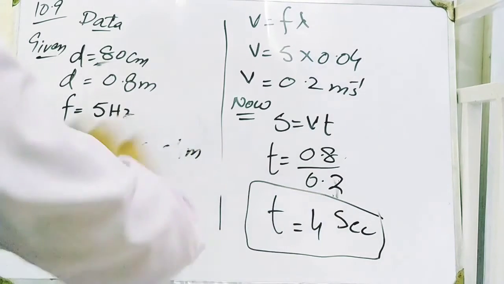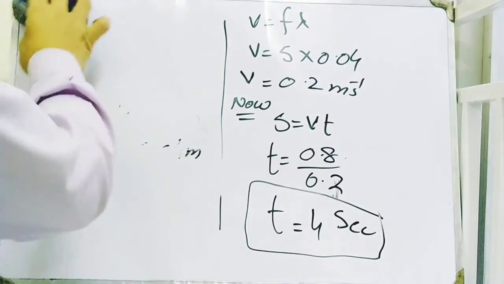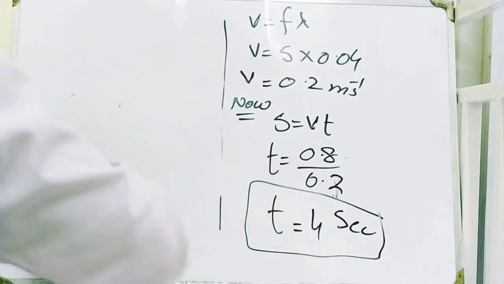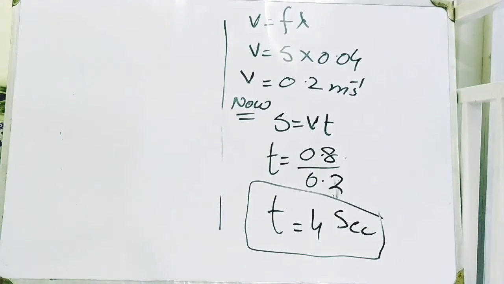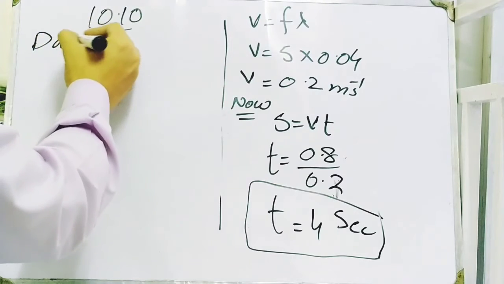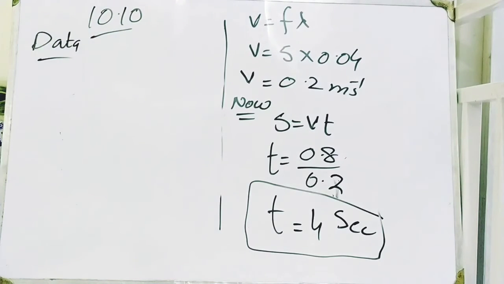Now we are going to solve the last numerical of this chapter, 10.10. What is the wavelength of the radio waves transmitted by an FM station at 90 MHz?